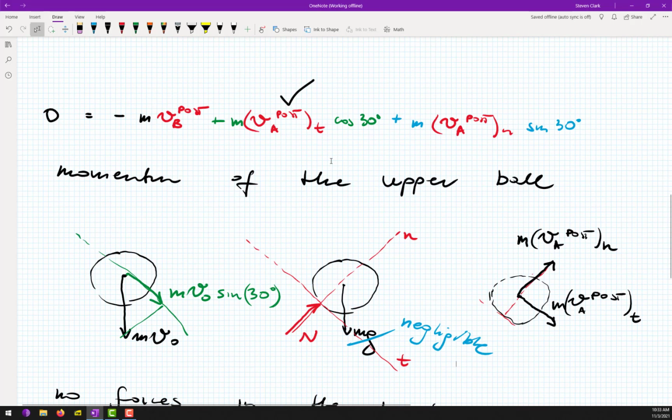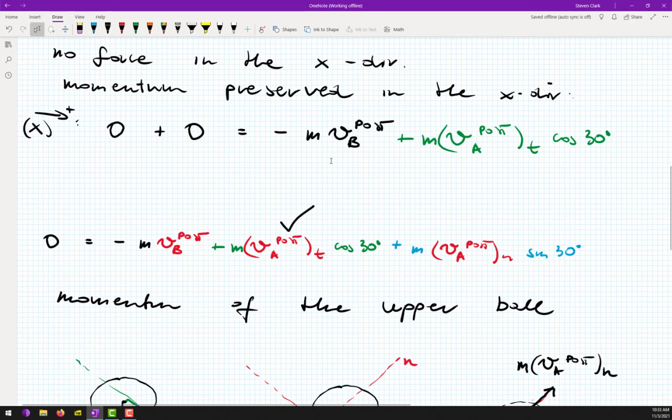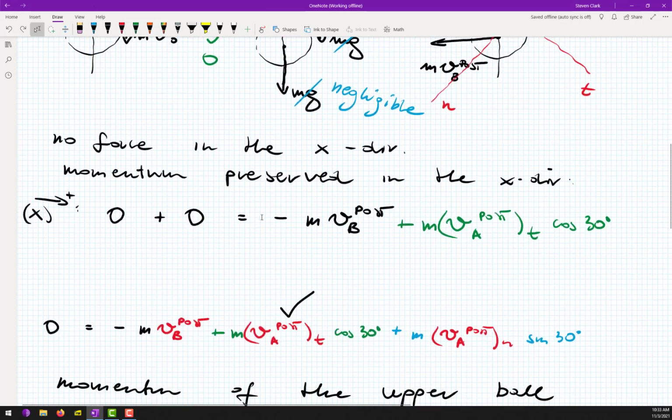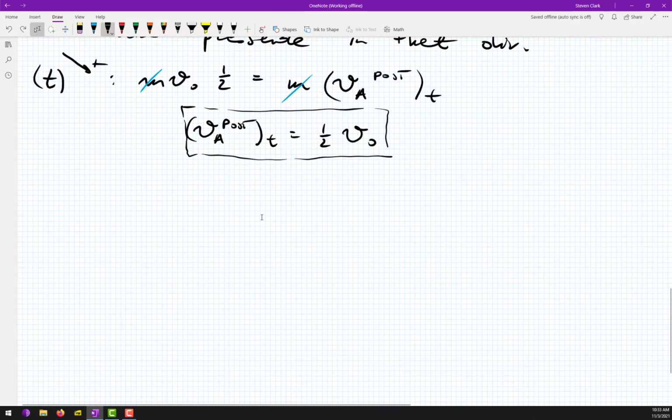So, any other idea how to find a third equation? I think we didn't use all the information they gave us. Yeah, let's use the coefficient of restitution. So now we will have the coefficient of restitution.